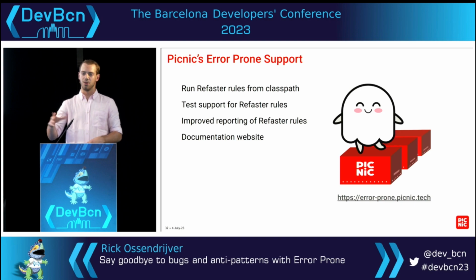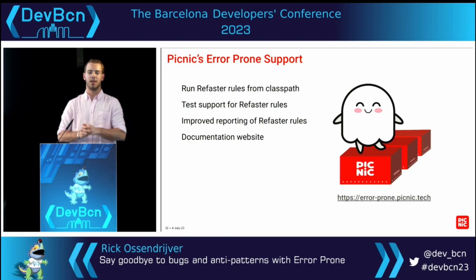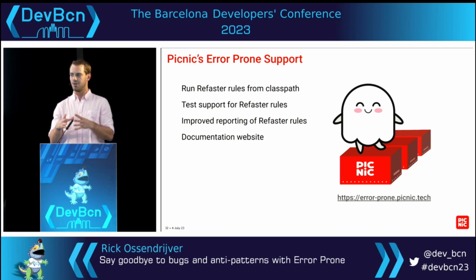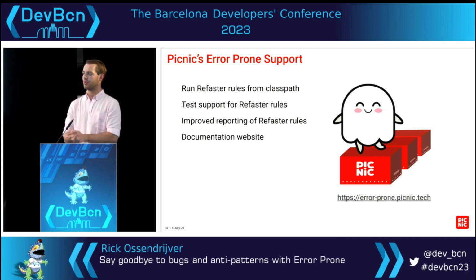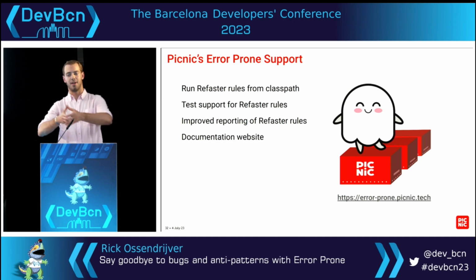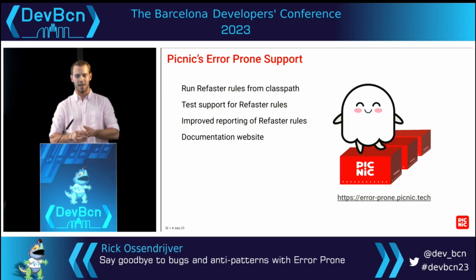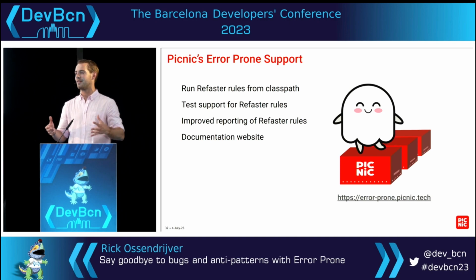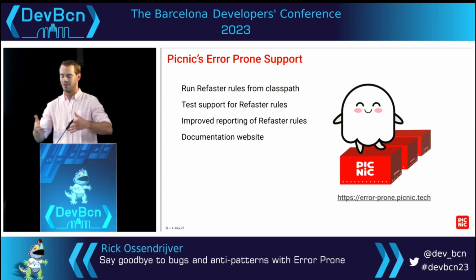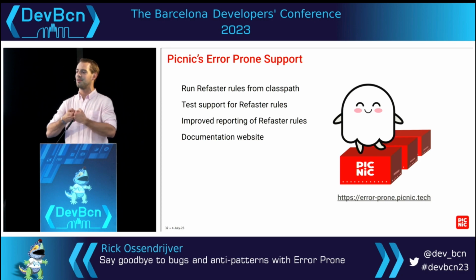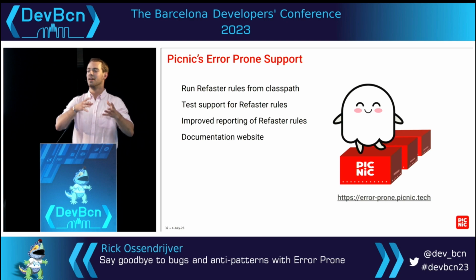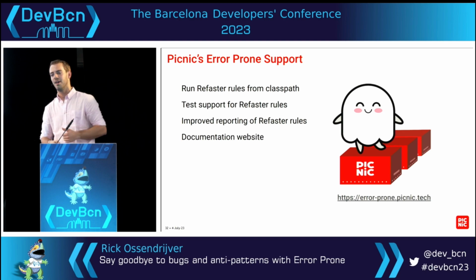And besides all these rules, we made some extensions. So if you use the original Error Prone, it's relatively hard to run Refaster rules. We made it in such a way that you can run a lot of them at the same time. And as you might imagine, if you're writing 750 Refaster rules, you also need to make sure that they're actually rewriting code as you expect them to do.